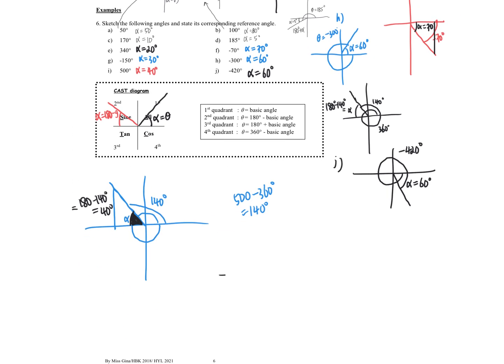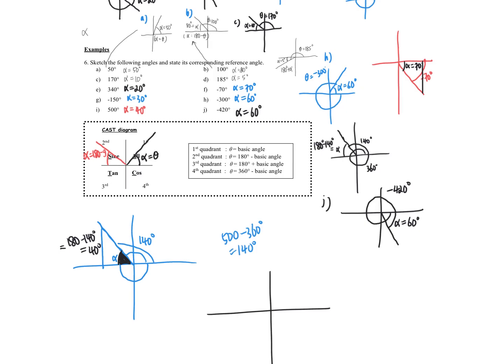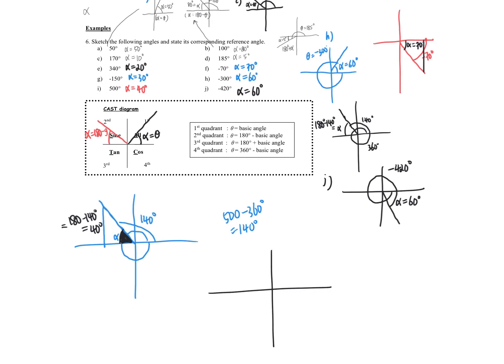So same thing, minus 420. If you ignore the minus, 360 is one full cycle. So 420 minus 360, there's still 60 degrees that I have not covered. If I go in the negative direction, minus 360, done. I still need to cover another 60 degrees in this direction.